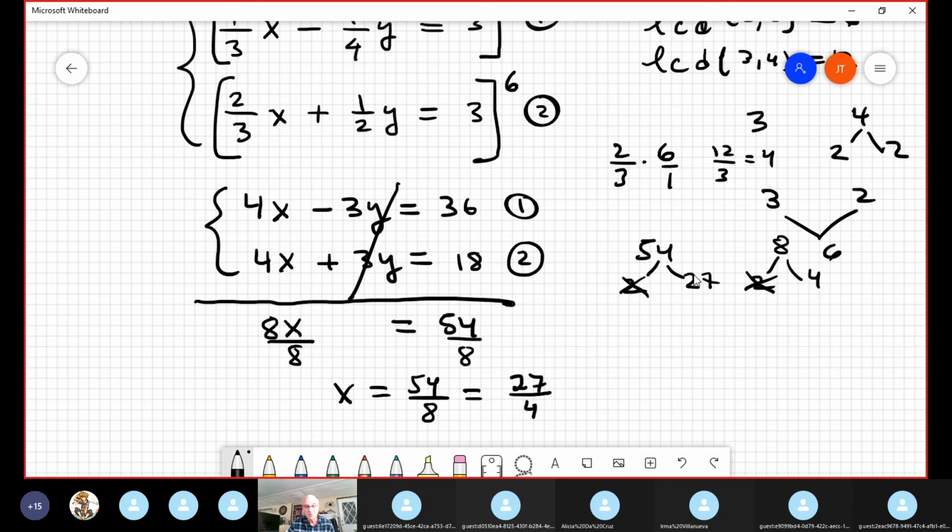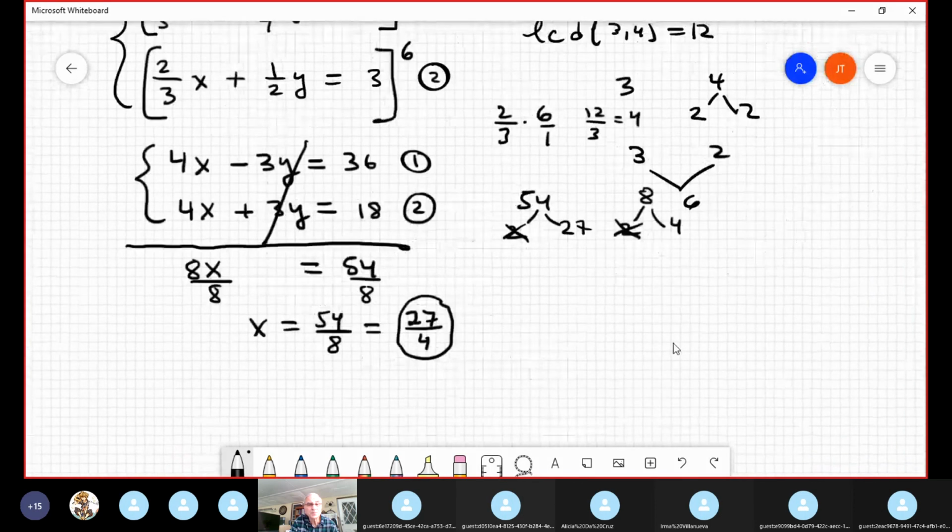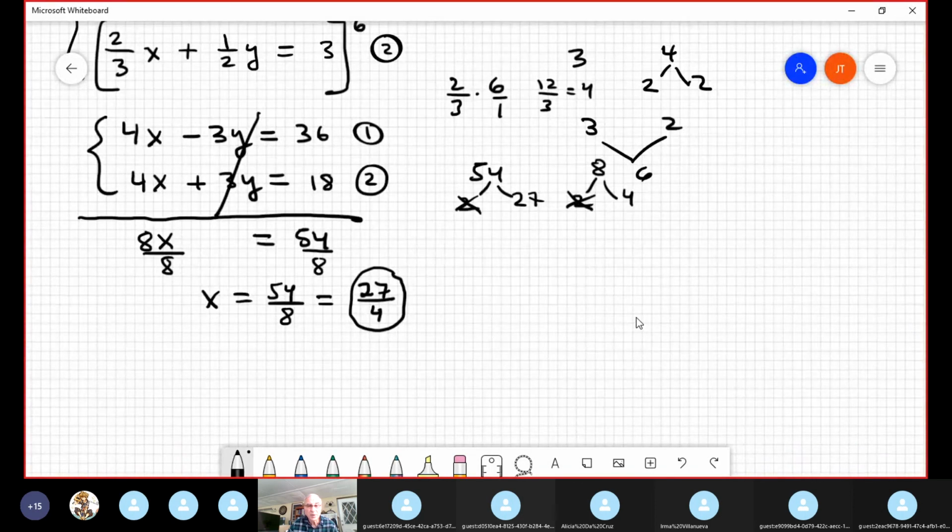Now I'm going to find the y value using substitution. Substitution in number one or number two. What do you recommend? Number one or number two? Can we write 27 over 4 in decimal? We can.